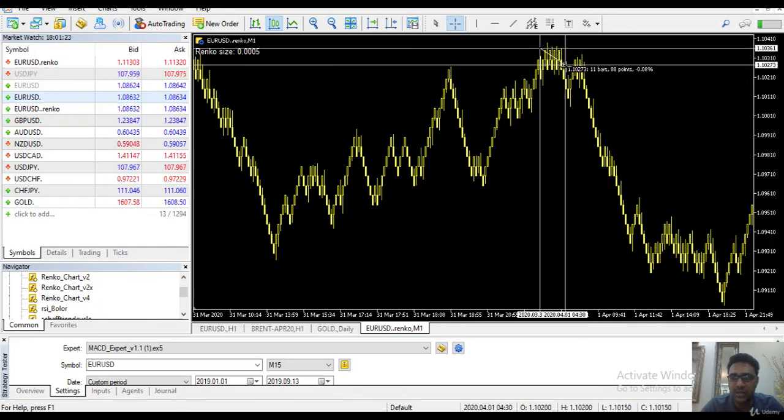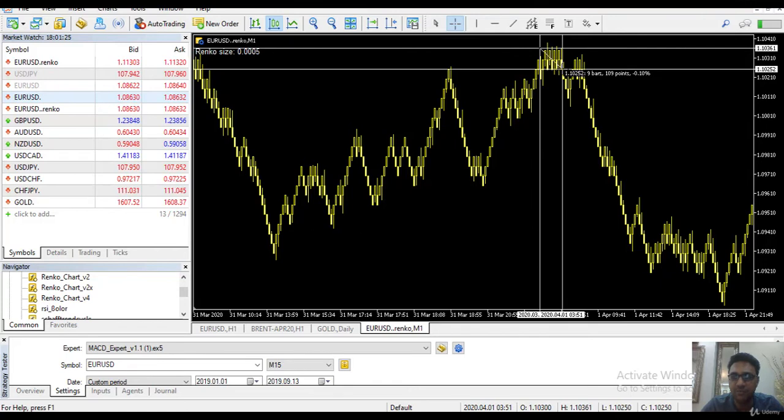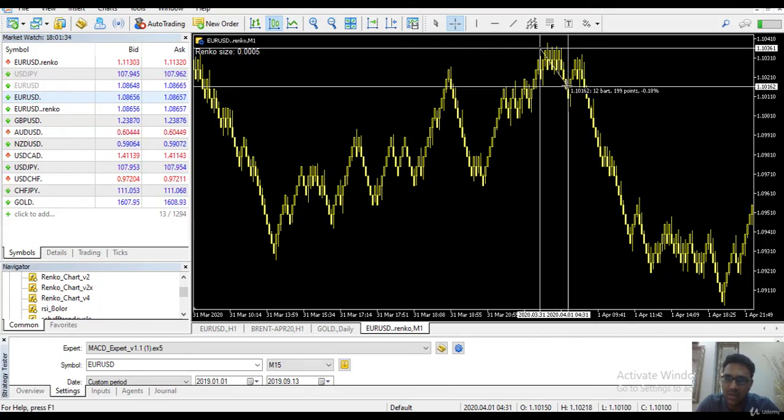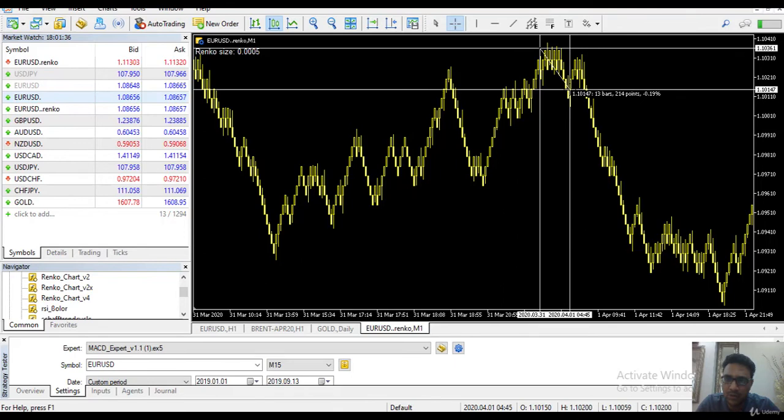From this area to this area, you can only see the price has moved in a small range. 9 or 10 bars, so almost roughly 13 or 14 bars, are representing almost 10 to 11 bars on the H1 time frame.